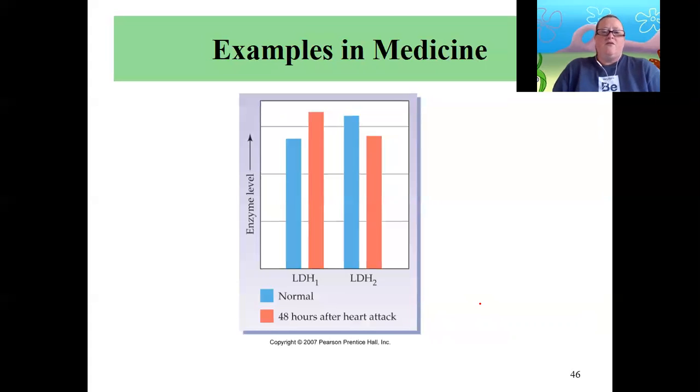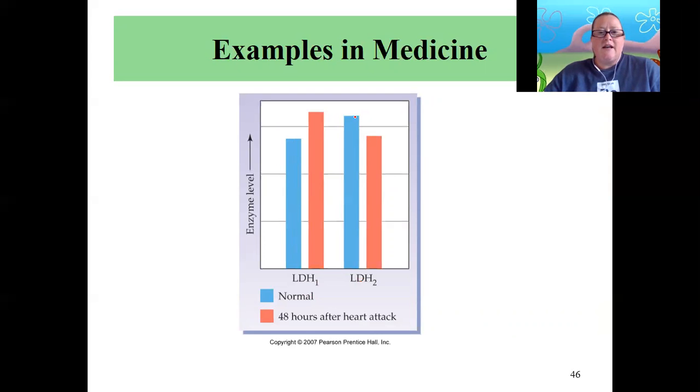So if you look at this, there are two types of lactate dehydrogenase in the body, and one is LDH1 and one is LDH2. Now, when our bodies are operating under normal conditions, the ratio of LDH1 to LDH2 is so that there is less LDH1 and more LDH2.